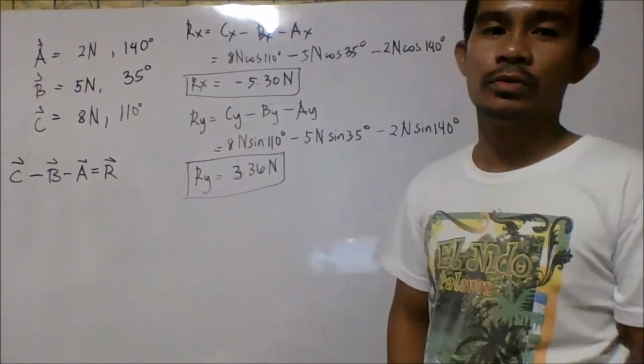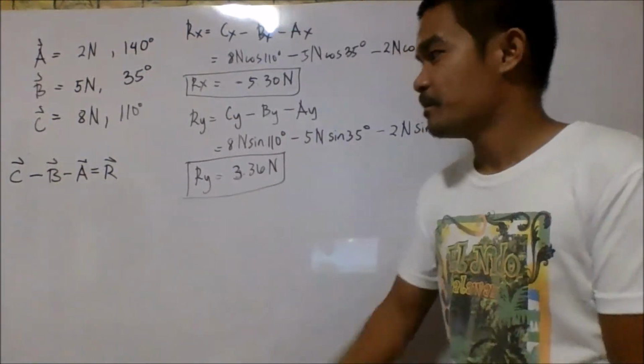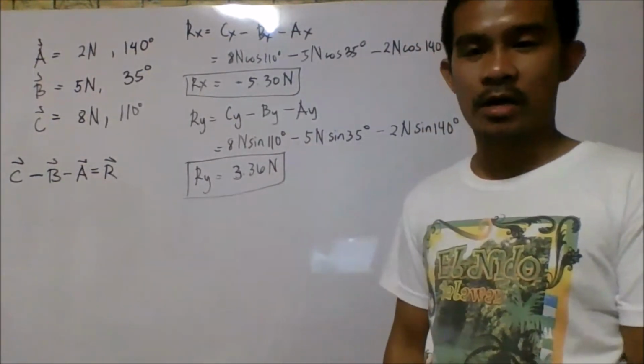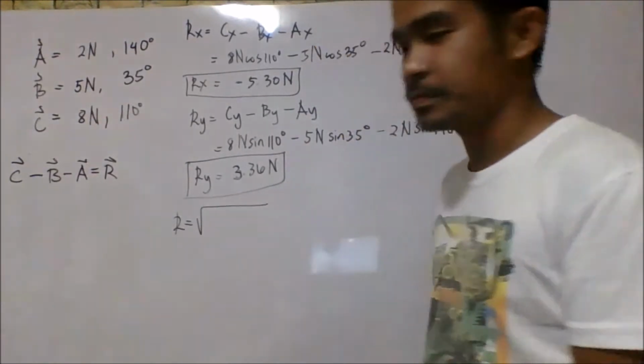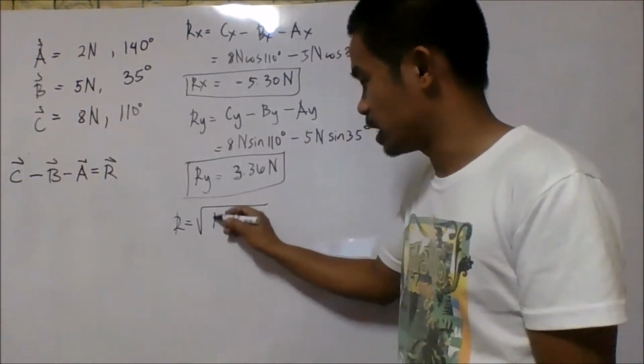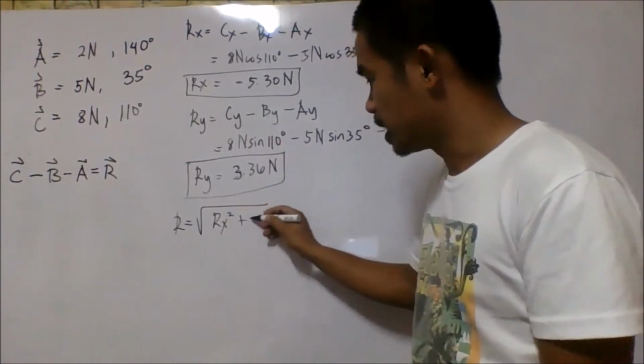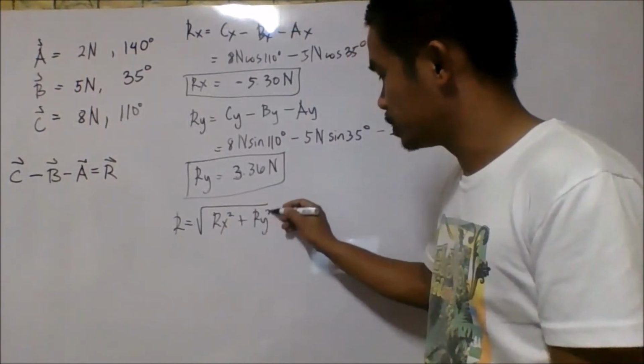Okay, so we have now the x component and the y component. So next thing to do is to determine the magnitude of vector R. So we have R equals the square root of the square of its x component plus the square of its y component.